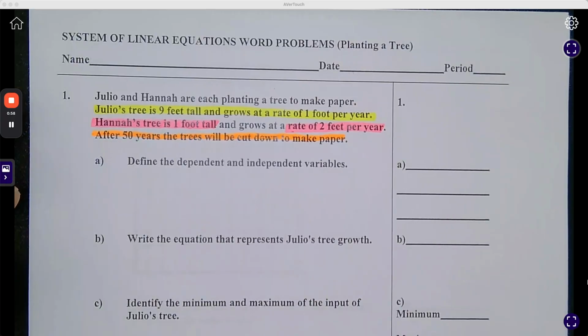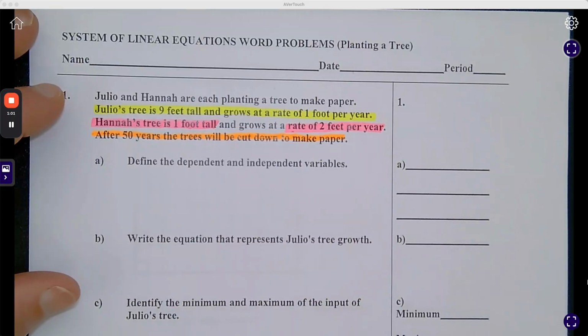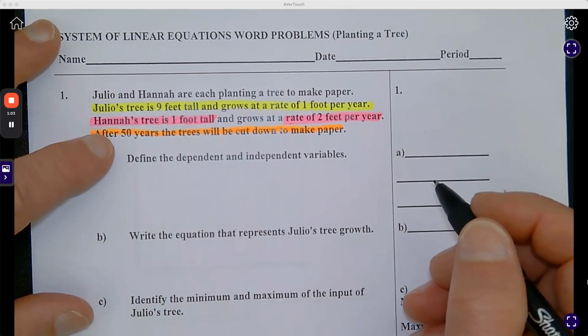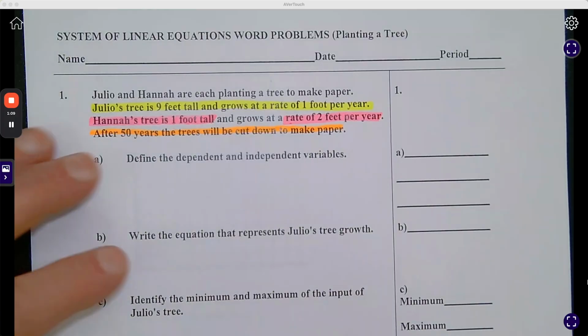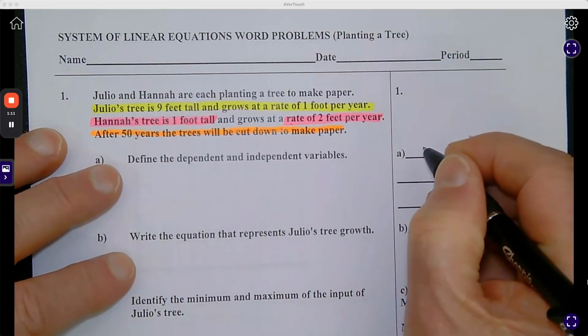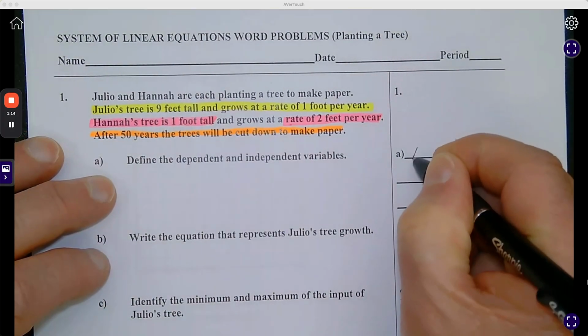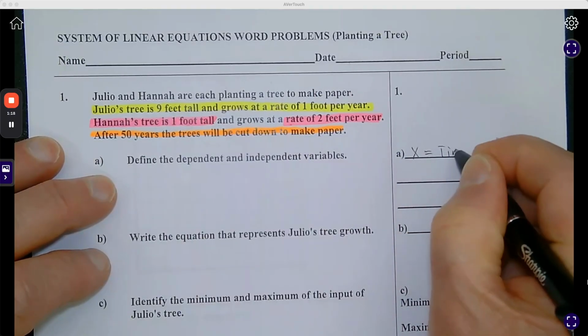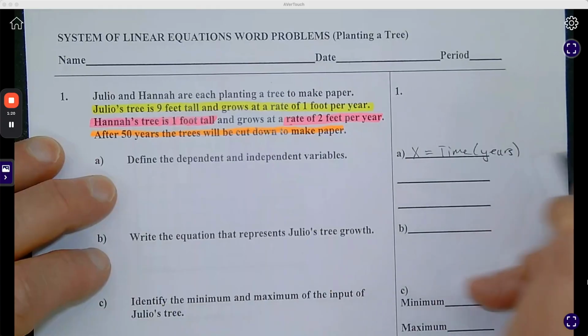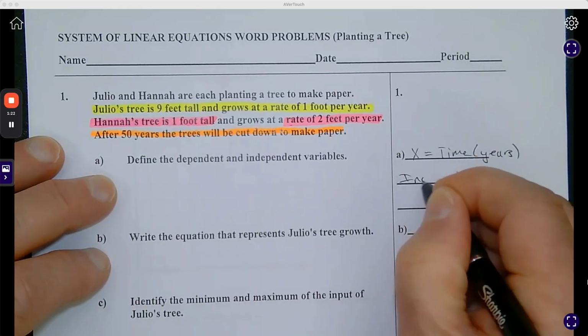All right, to find the dependent and independent variables. The independent variable is time. It's always time. So I'm going to let x equal time in years. And that is my independent variable.